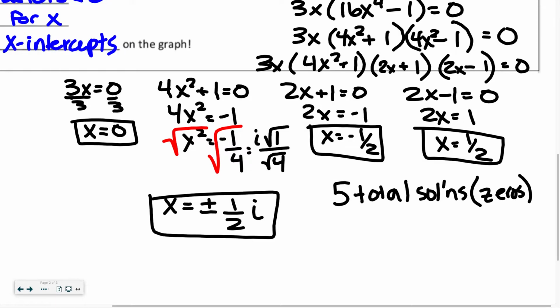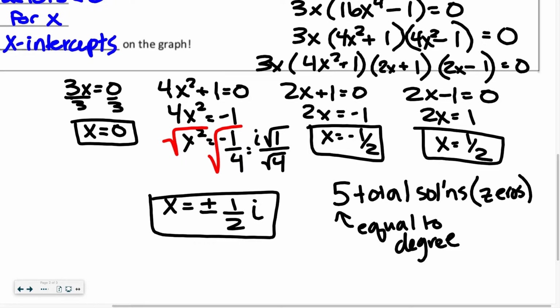Let's just take a trip back to the very first section. The total number of zeros of a polynomial is equal to the degree. What was the degree of this polynomial? 5. So we found all the solutions? Yeah. So that's something we're going to get to later as well. Like, how do you know you have all the solutions that you need? Because you have as many as the degree.